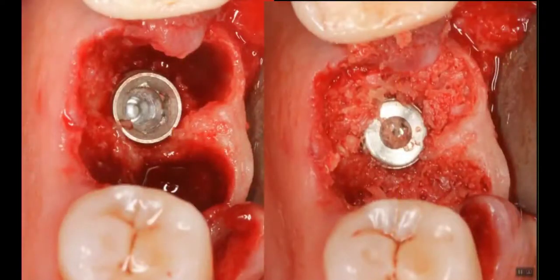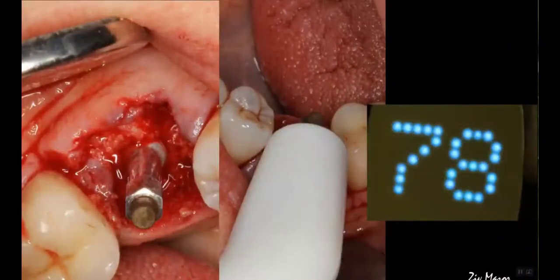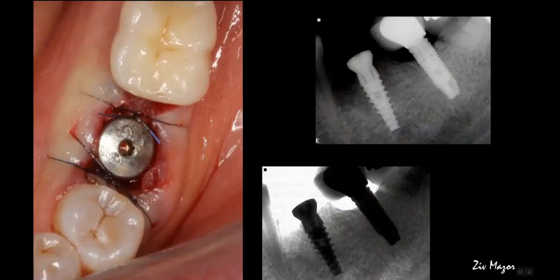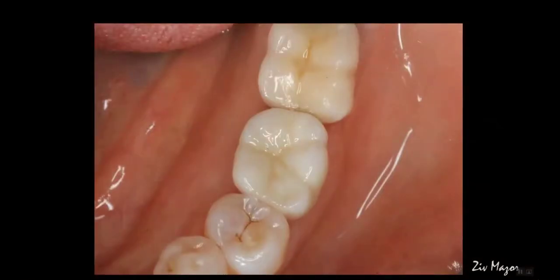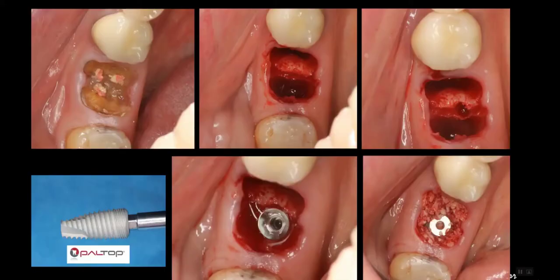Now we can seat the implant, measure stability, which is very high, placing healing abutment, and just 6 weeks later, we can open up, take impression, and finish up the restoration. That's a completely different story.